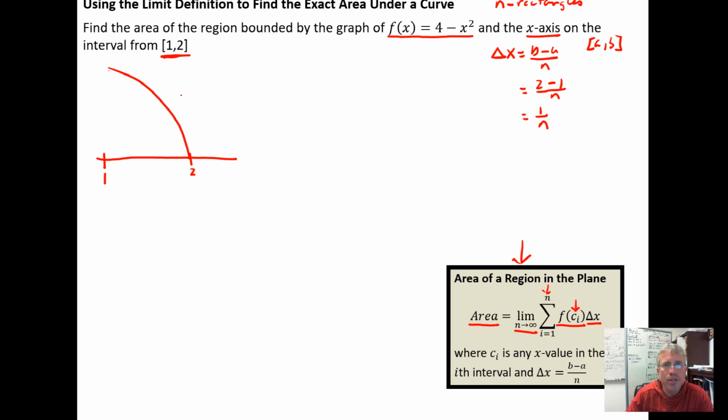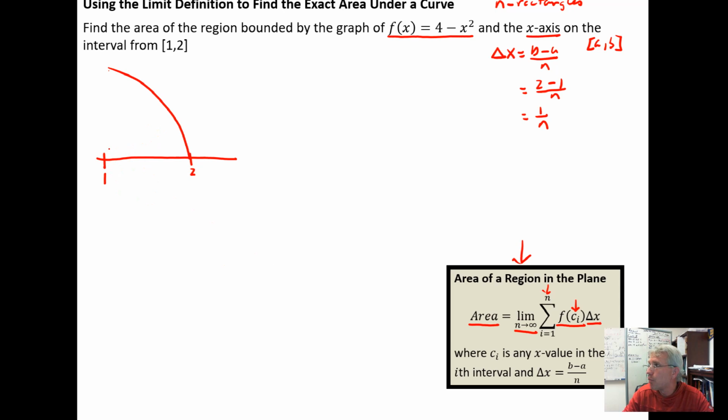Remember, we're going to start at a left bound of 1, and we're going to construct n rectangles. We can use left endpoints, right endpoints, or midpoints. We can construct them however we want. For convenience's sake, I think right endpoints are going to be the simplest way to do it.